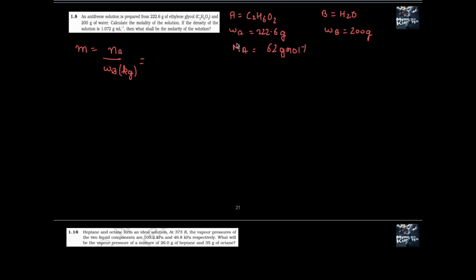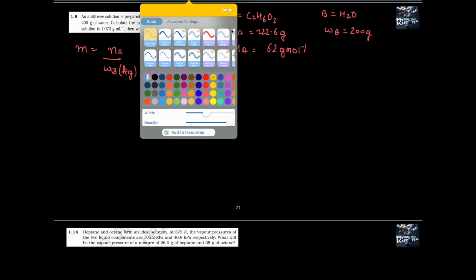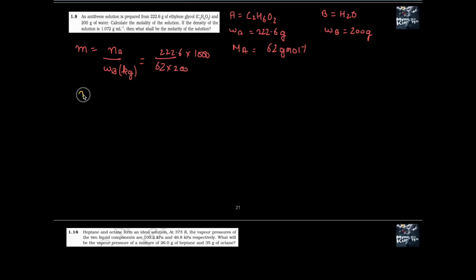So moles of A would be 222.6 divided by 62, and weight of B is 200 grams, so we need it in kg, so we will divide it by 1000. On solving it, you will get molality, which is equal to 17.9 mole per kg.